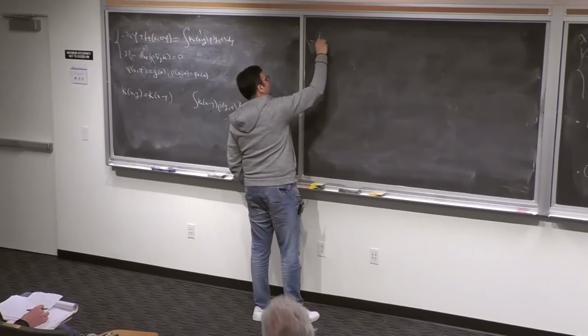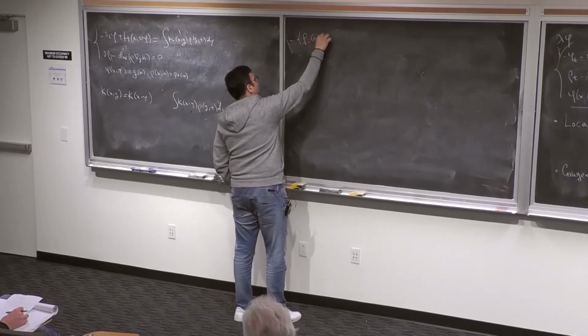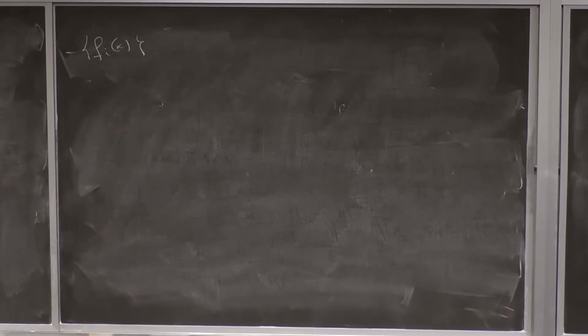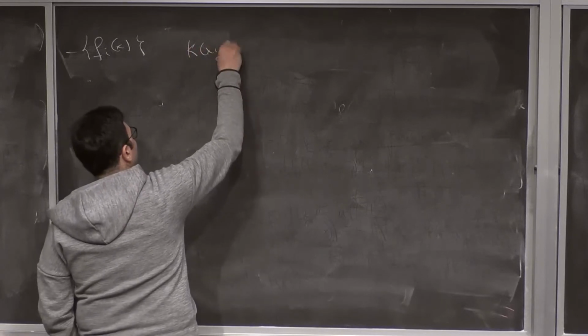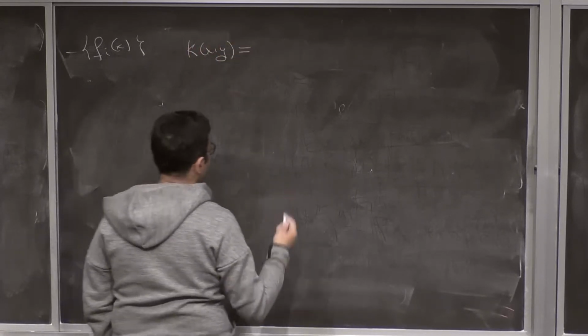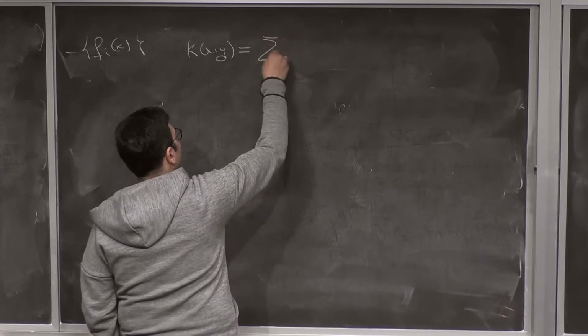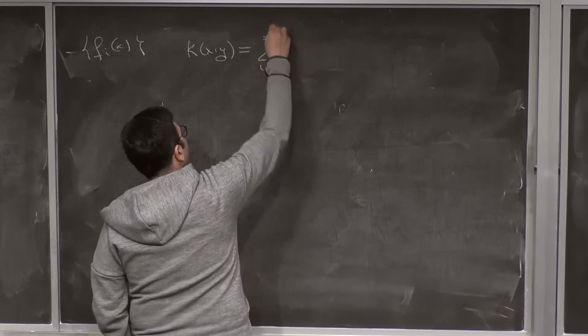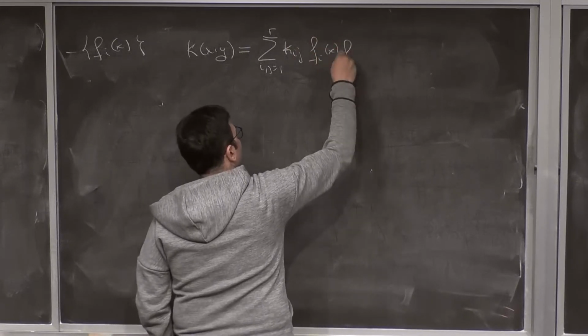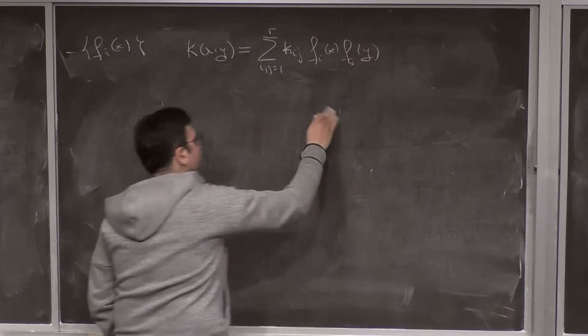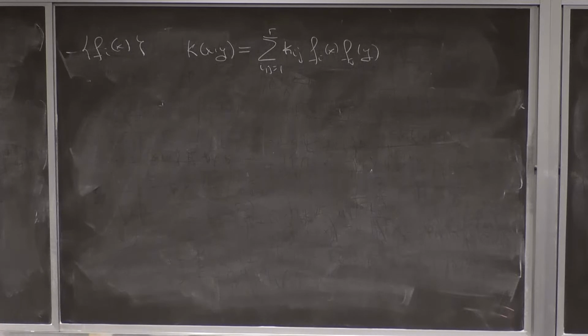Let's assume we have some basis of functions f_i, which don't need to be orthogonal. And let's assume that k(x,y) can be approximated, or can be written in some cases, as a sum like this.